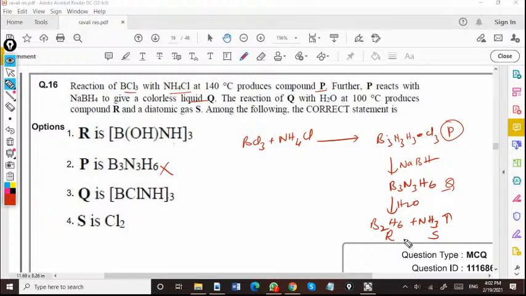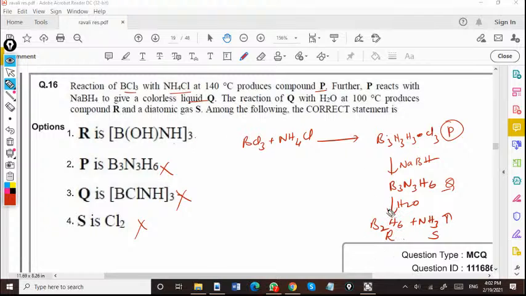R is diborane, so I can rule this out. S is ammonia, it's not this. Q is also borazine, so this is also not it. Just give me a minute.